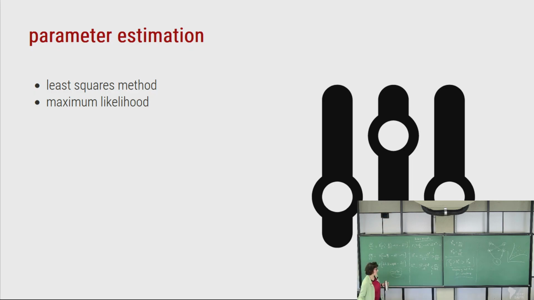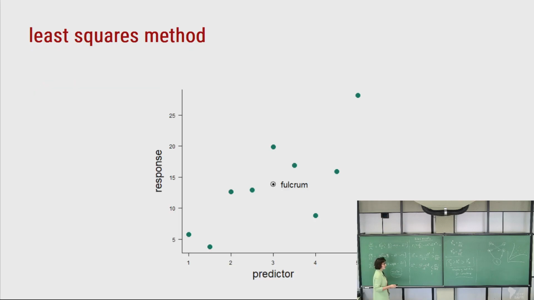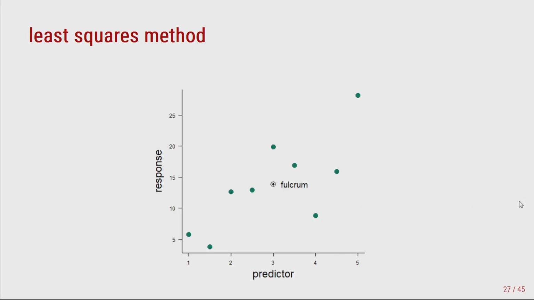The least squares method is very used in frequentist inference. And I'll go through that because I think it's a good way of understanding the residuals and the coefficient of determination of the model as well.